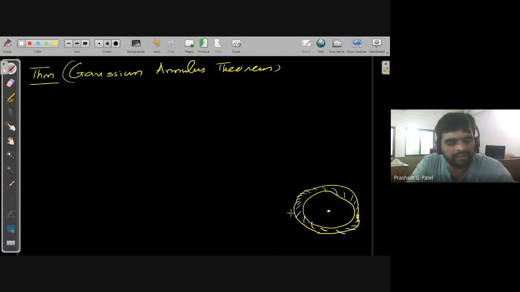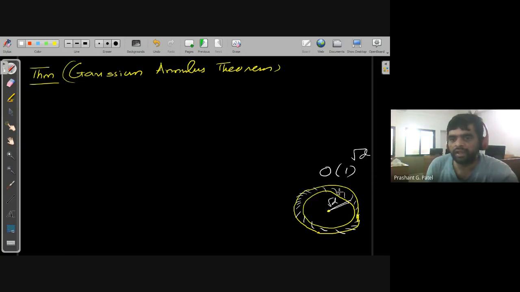So what is this theorem saying? That nearly all the probability is concentrated in the thin annulus of width big O of 1 at radius root d. So this distance is root d, that is the radius, and this width is big O of 1. So everything is concentrated in between two circles, that is what this theorem says.